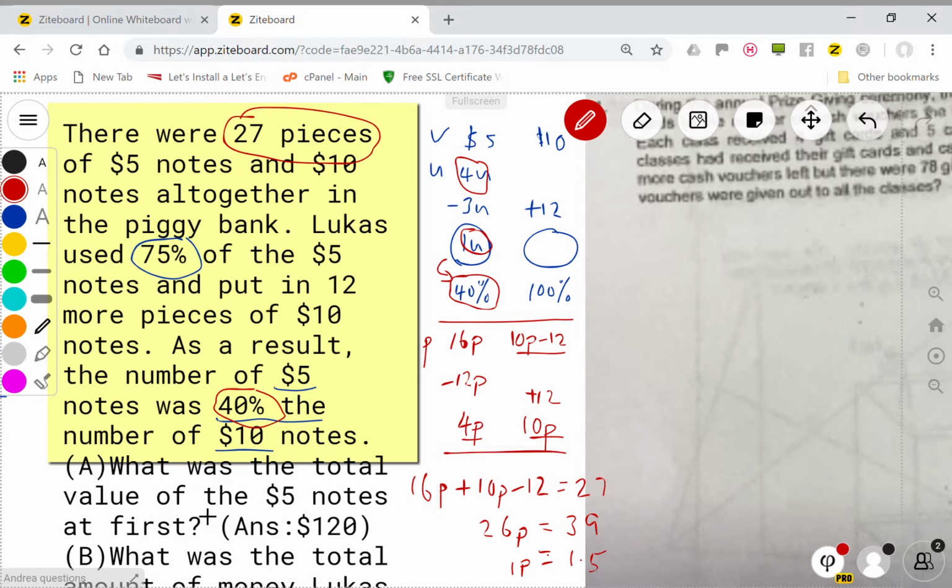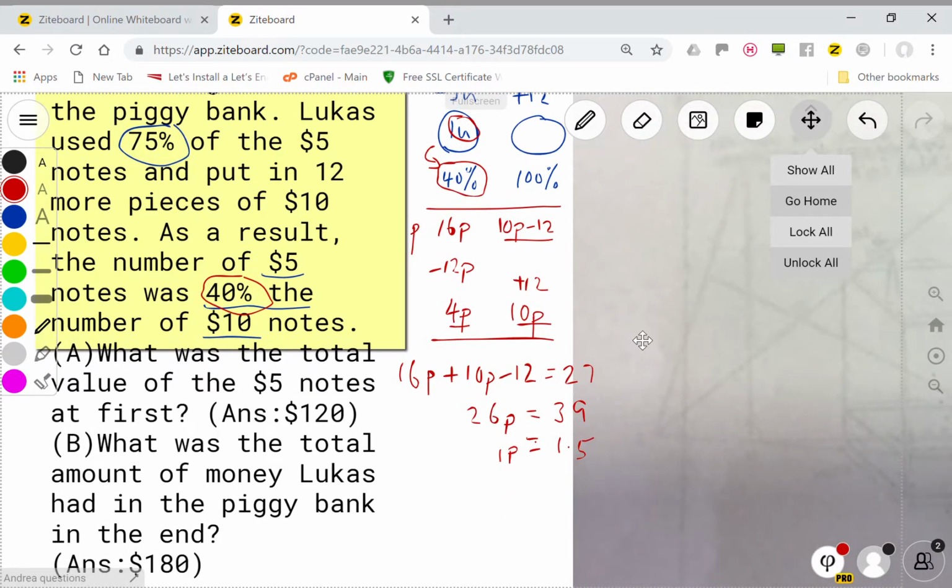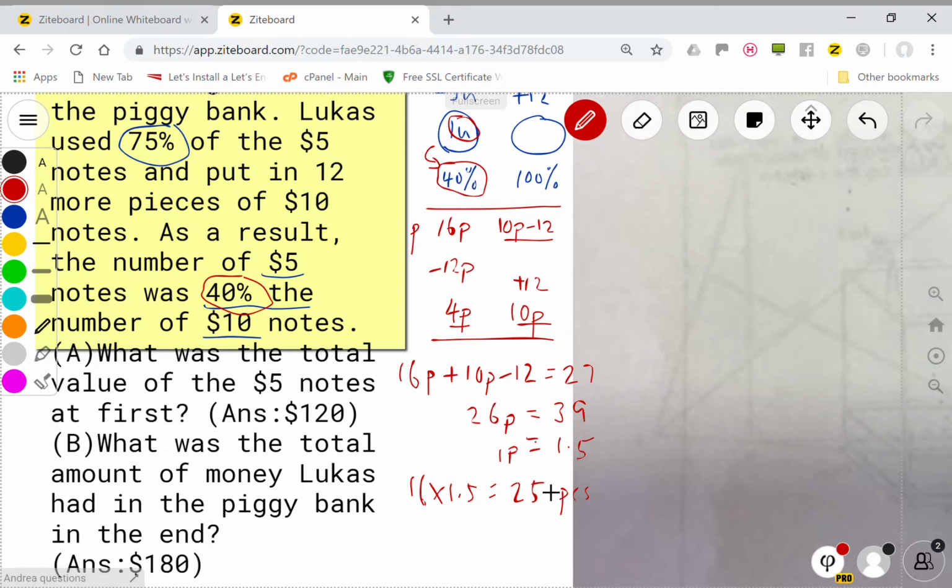We want to find the total value of $5 notes at first. At first I have 16 parts of $5 notes. So 16 parts, I take 1.5 times 16. There are 24 $5 notes at first. So 16 times 1.5. So there are 25 pieces, right? What's the value?